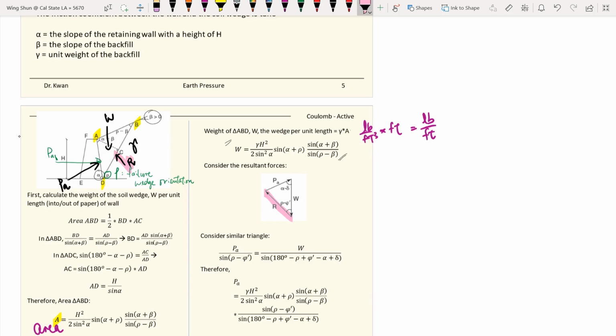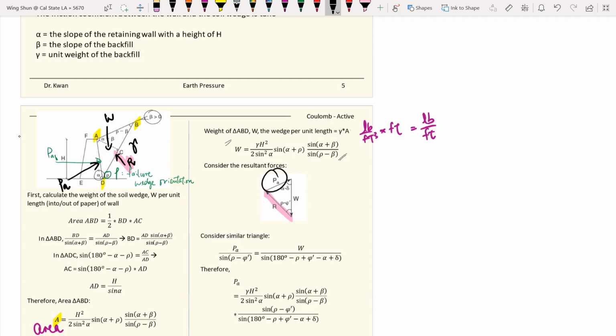This is the force from the soil supporting, or holding up, the failure wedge from soil to soil. And at the end of the day, this is what we try to solve for, P sub A, the resultant force or reaction force provided by the gravity wall to sustain the soil body.